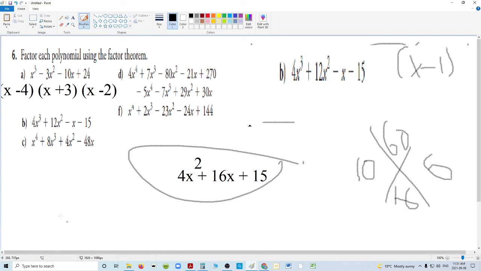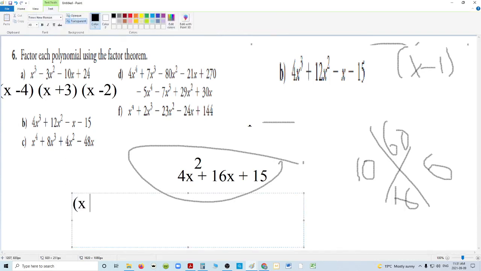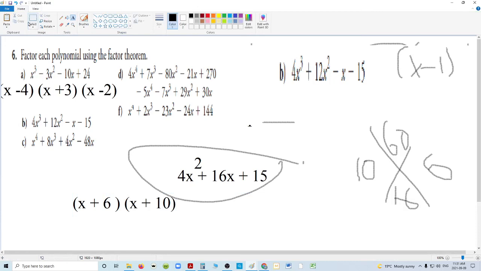And so I can do the slip and slide method, which just says I'm going to pretend my roots are just like that. And then I'm going to take the 4 in front and divide and simplify. So this first one simplifies to x plus 3 over 2, which means I'm going to slide the 2 in front.